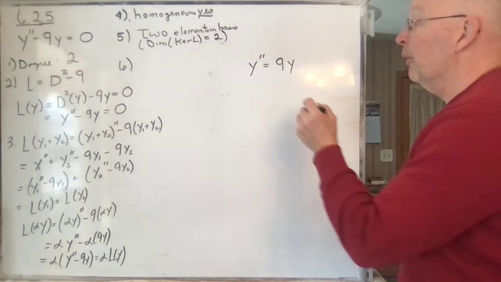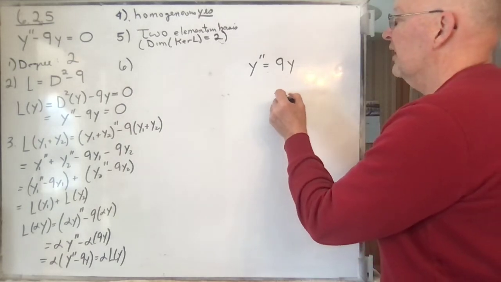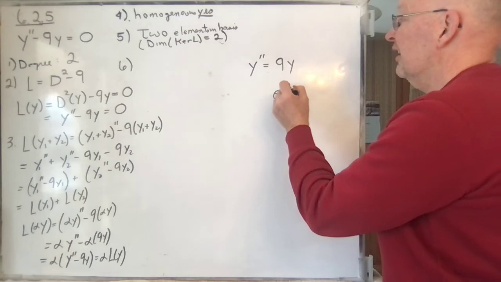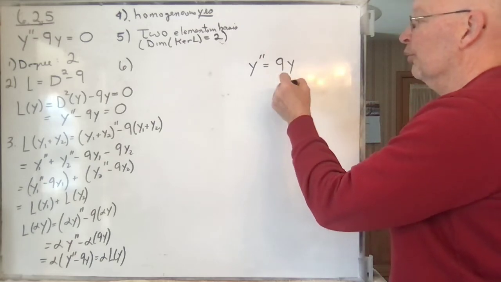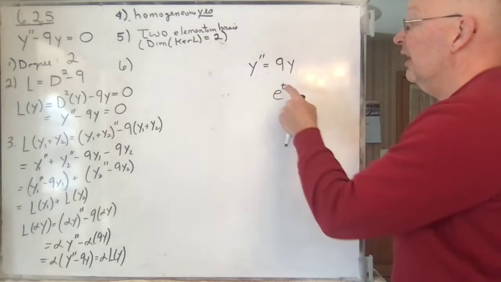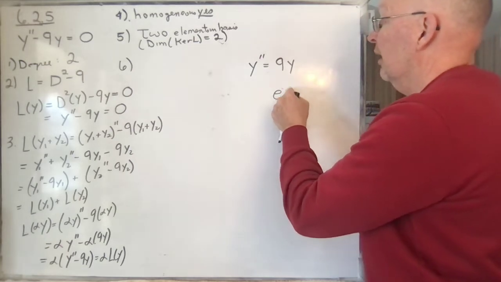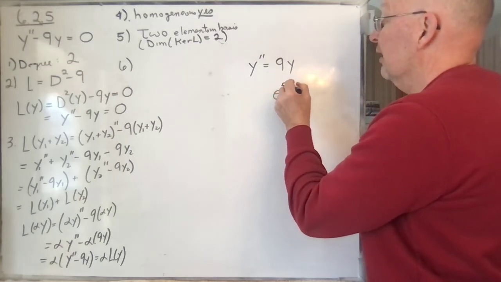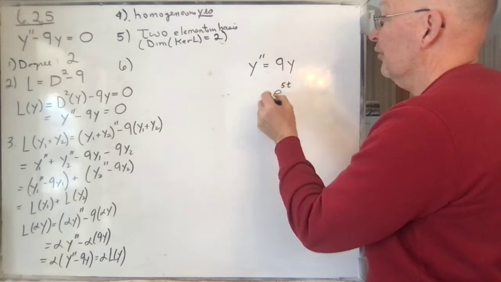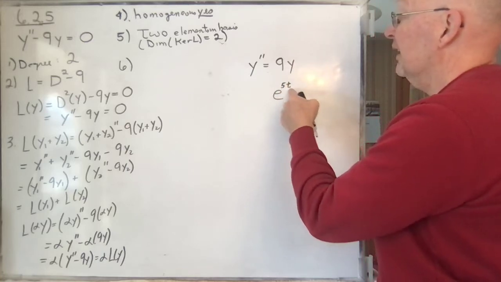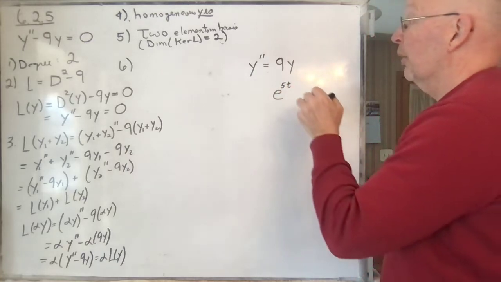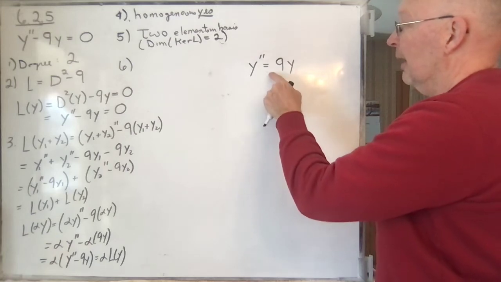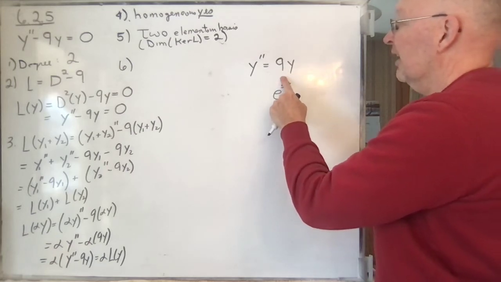That should first of all remind you of e, because e to the t has the property that its derivative is equal to itself. If I had e to the 5t there, then by the time I take the first derivative, I'm going to get 5e to the 5t. We want something that by the time we take the second derivative, we get 9.